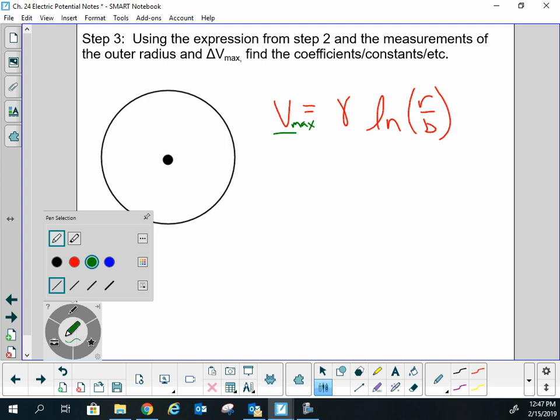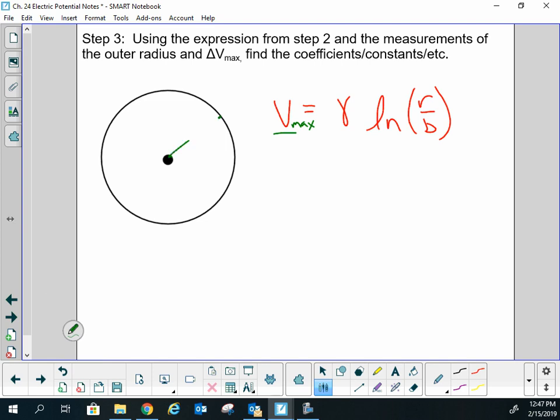That maximum potential difference, remember, happened from A to B, and I believe we used the value of 10.07 volts. Then this R, that radius would be A, this value would be B, and we're going to solve for that constant. So go ahead and just pause for a minute and do that.